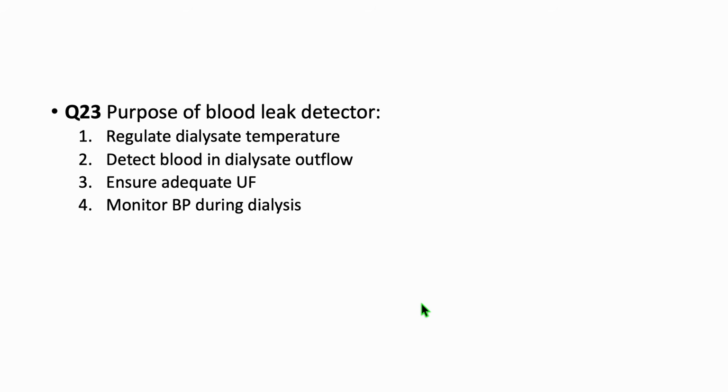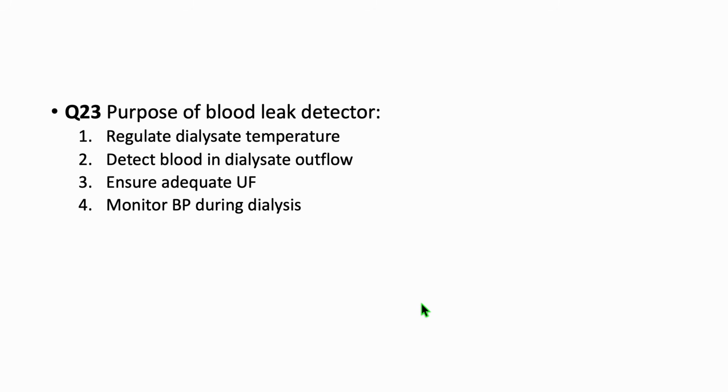Moving next, the question says purpose of blood leak detector. So we all know there is a component embedded in the dialysis machines and we call it blood leak detector. What is the major purpose of that particular device? Option 1 says regulating dialysate temperature, option B says detect blood in dialysate outflow, option C says ensure adequate ultrafiltration, and option D says monitor BP during dialysis.